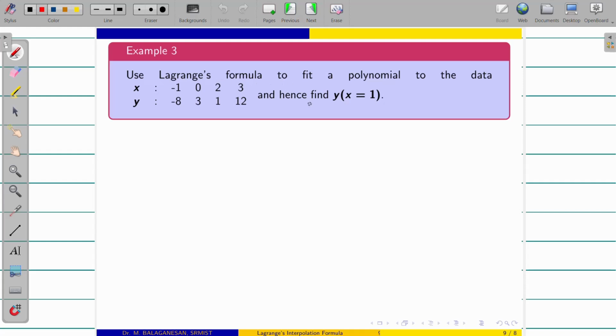Use Lagrange's interpolation formula to fit a polynomial. We have to fit the polynomial now. Polynomial means we have to fit the equation, and then only find the values.